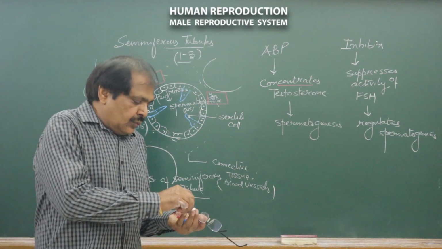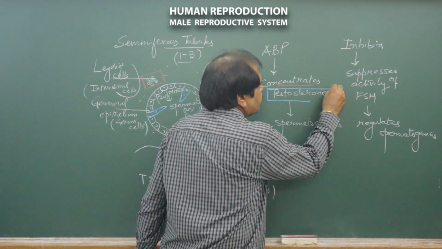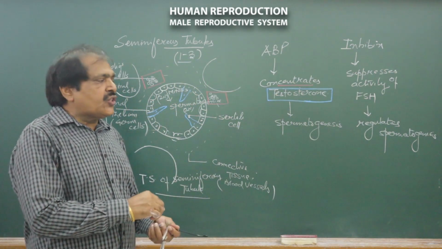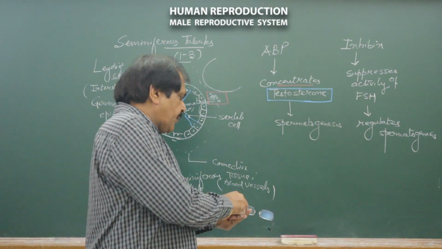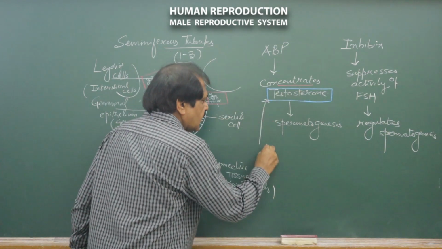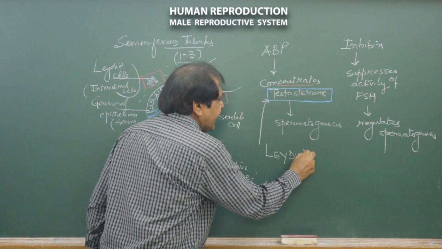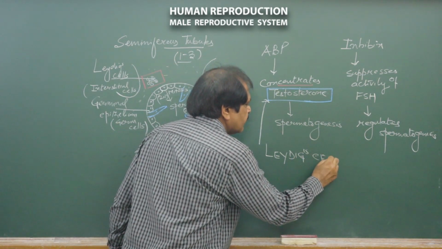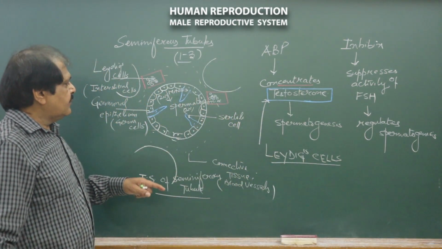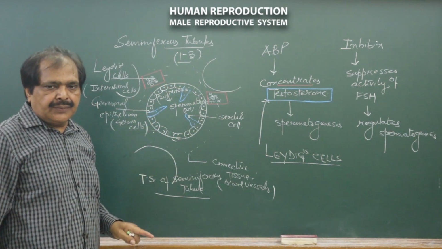Now we come to the aspect, what is testosterone? This testosterone is secreted or produced by the Leydig cells, which are present over here, in between the two seminiferous tubules in the connective tissue.